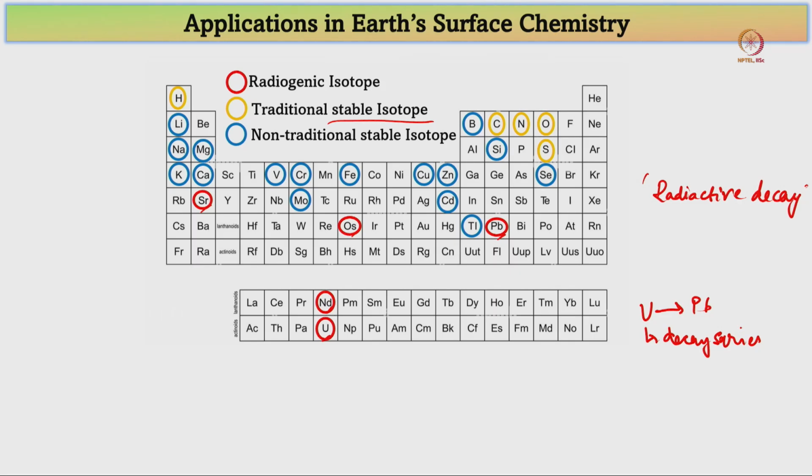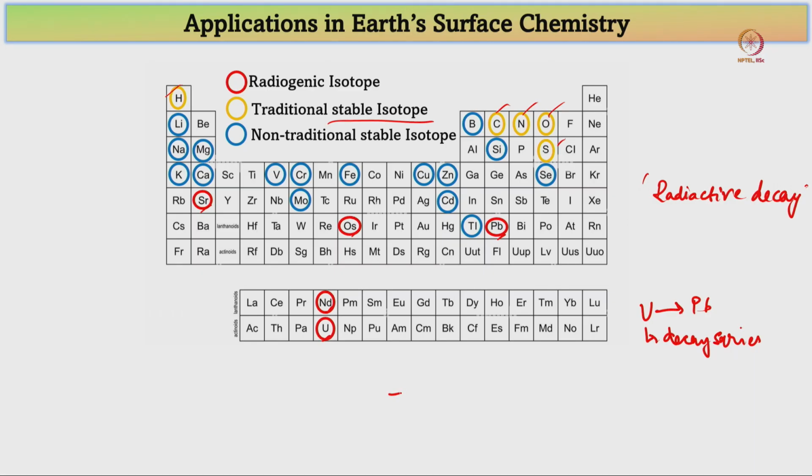For instance, the traditional stable isotopes will have hydrogen, carbon, nitrogen, oxygen, sulfur, and that is because their occurrence in nature has a variation.